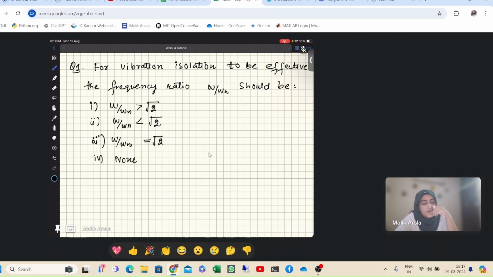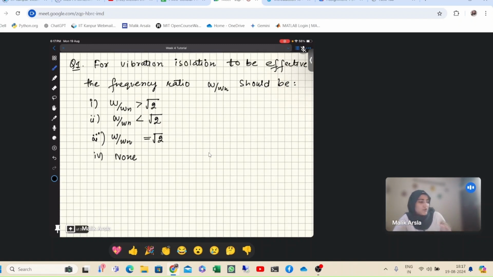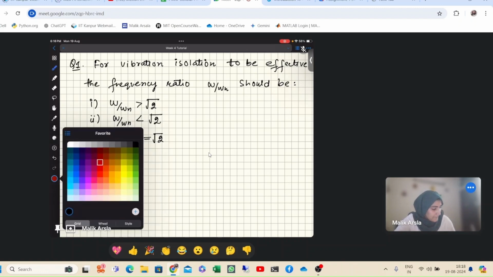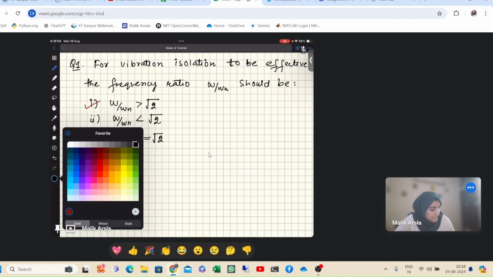Okay, yeah, that is correct. So for vibration, see at r equal to 1, you know that the force transmitted will be equal to the force applied, right? So for achieving vibration isolation, it has to be less than 1. That case has been taught by sir in the class only. So from there we get r value should be greater than root 2. So this one is correct.